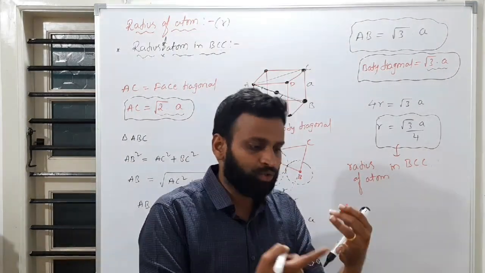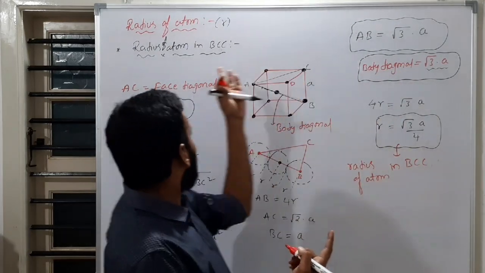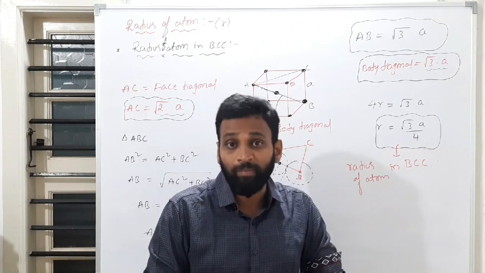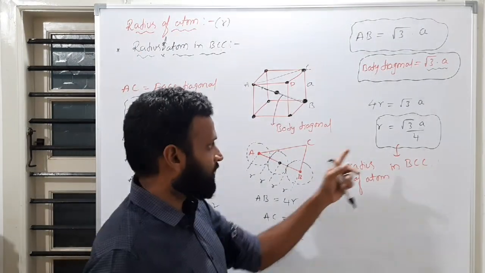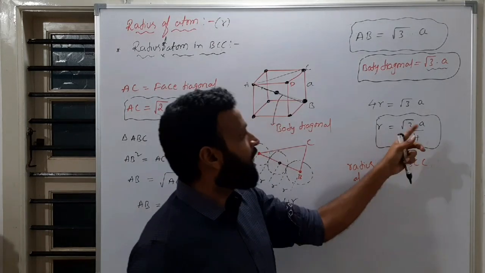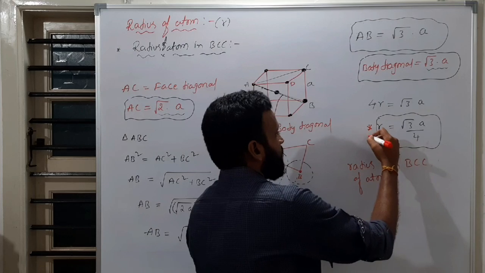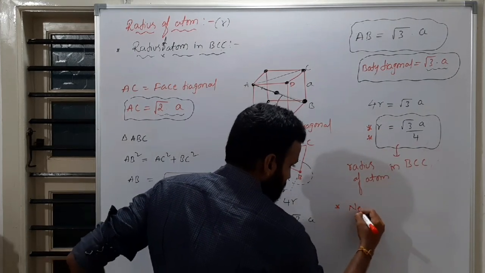To calculate radius, density, body diagonal, face diagonal, these formulas are very important. Believe me, these are very important for us. So the radius of an atom in BCC is r equal to root 3a by 4. And now, what is the nearest distance?